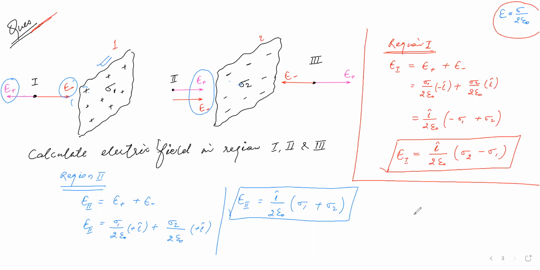All of you. So, sir, for region 3, it will be i cap by 2 epsilon 0 times sigma 1 minus sigma 2, right?